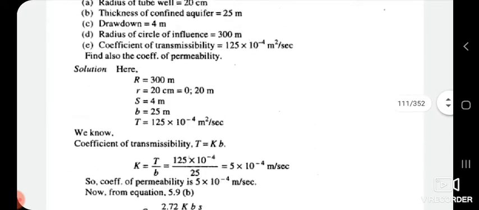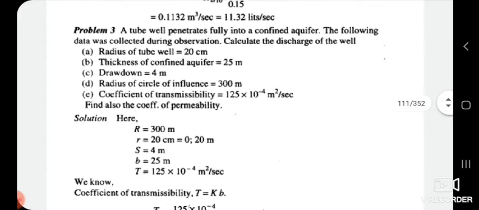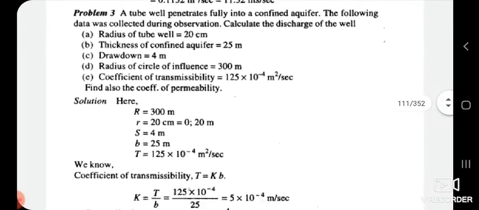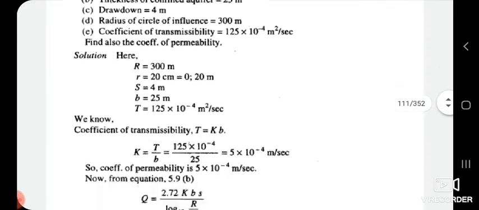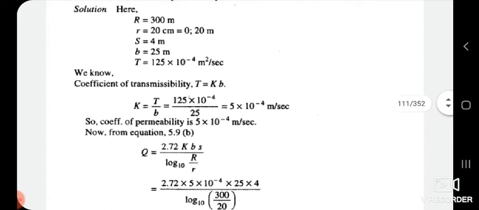Okay, and also the coefficient of permeability, you take it as 55 meter per day. Okay, so those are the changes here, nothing else, and you can keep the rest as such. And for the problem number 3, you converted the radius as 20 centimeter, take it as 25 centimeter, and keep remaining things as such. Okay, so try to work out the problem.